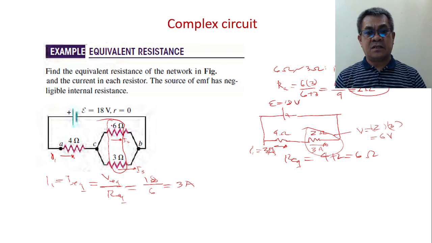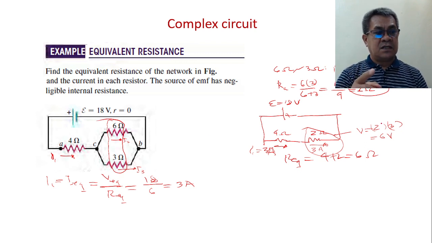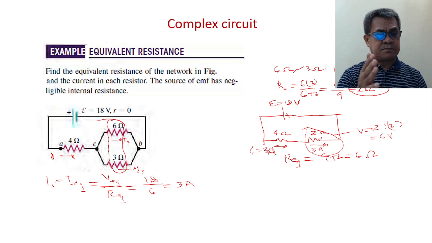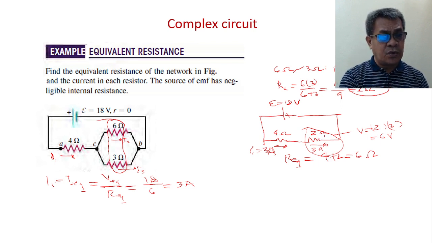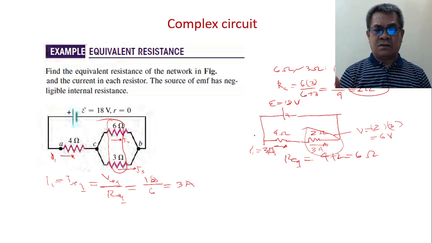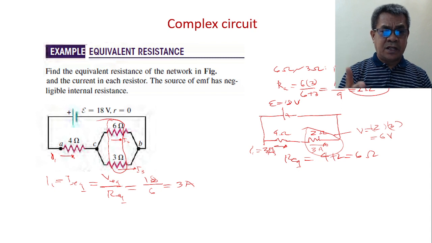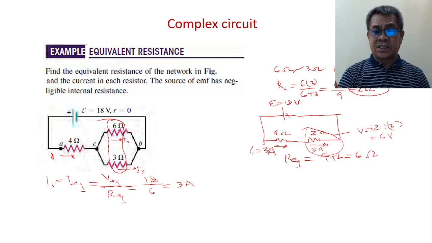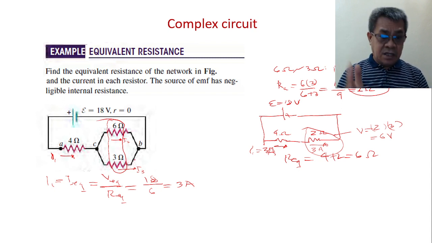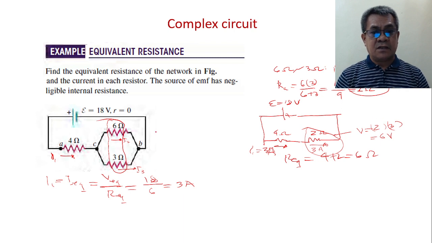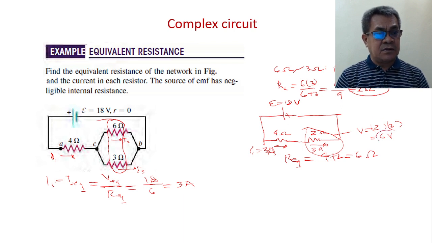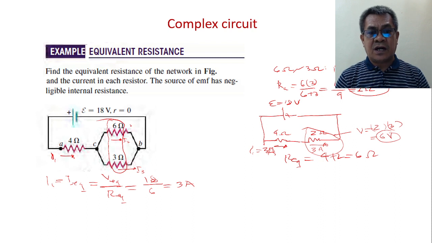Which means that since the 6 volts is the voltage of the 2 ohms, which is the combined resistance of the 6 ohms and 3 ohms, then the 6 ohms also has 6 volts.